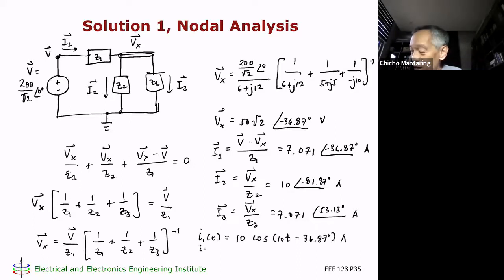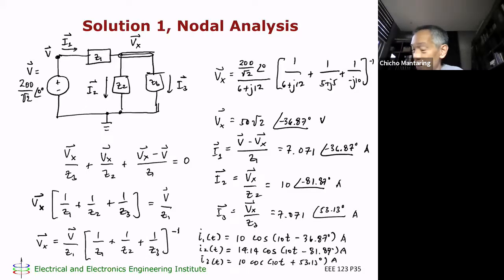And so forth. No? I2 is equal to, ito ngayon, this is 14.14 cosine 10t minus 81.87 degrees amperes. No? And I3, this is again 10 cosine 10t plus 53.13 degrees amperes.